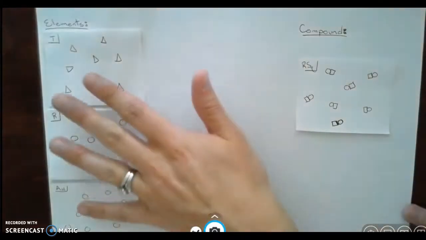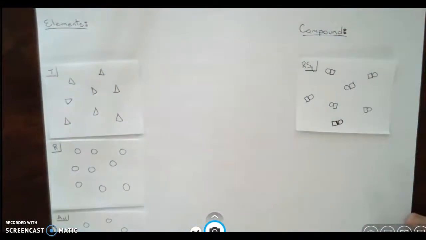All right, so let's write a definition for an element.